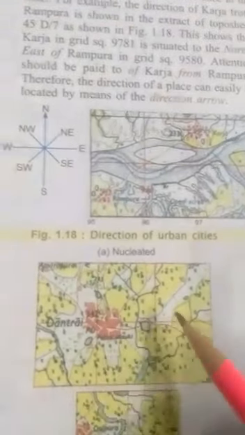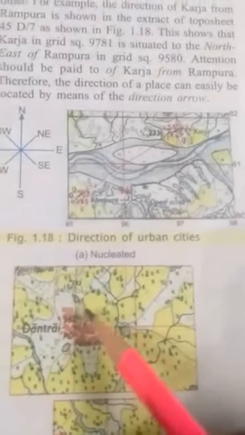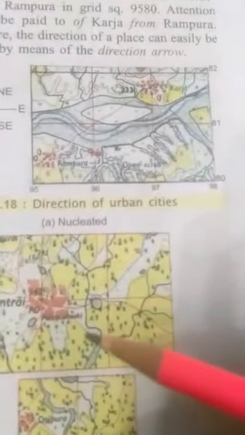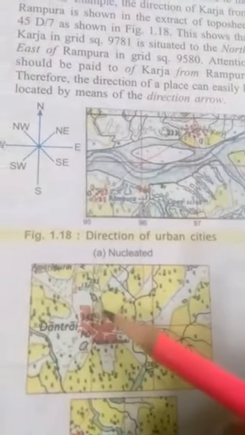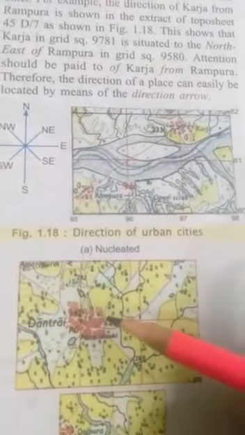You see here, the clustering is more here. The permanent huts appear to be large in number, and here also you can see a place called Karza.